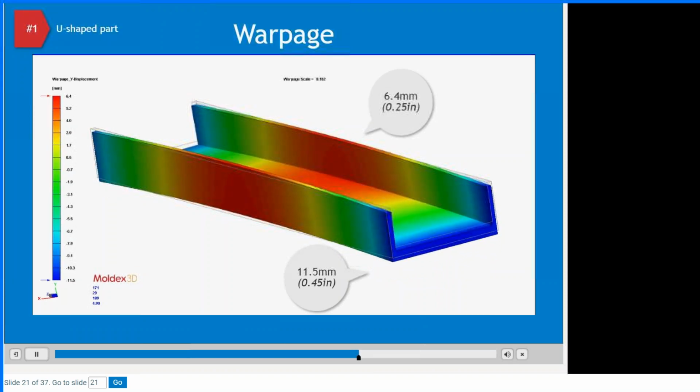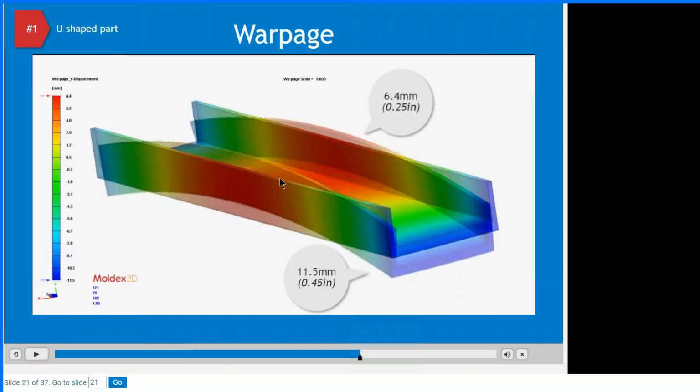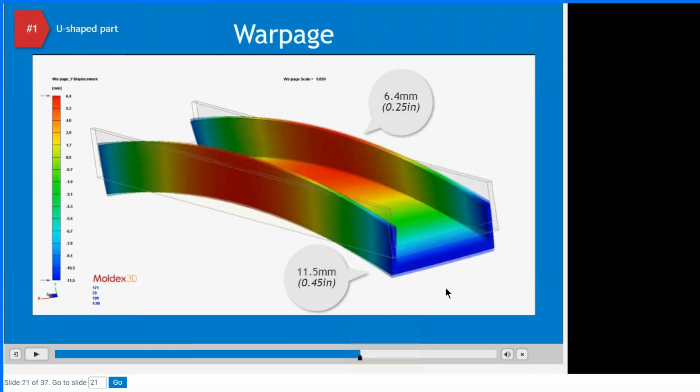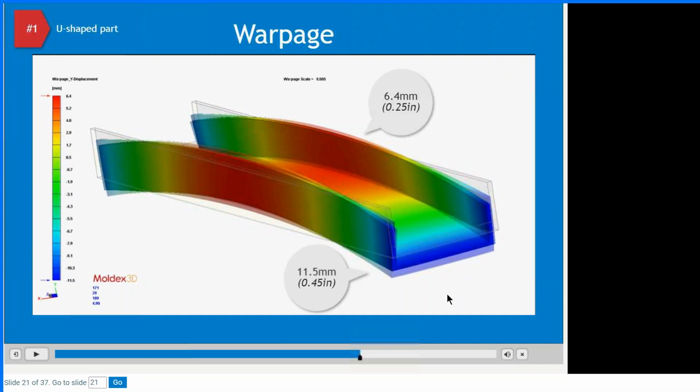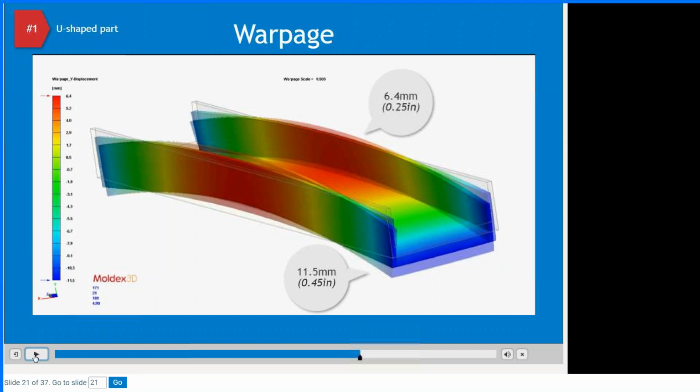Let's look at how to reduce this warpage behavior by redesigning the part. Yeah, I mean, this is really significant warpage. But again, we use this as an example to really show, oh my God, this is not what we should be designing. Just a simple example showing significant warpage bending of a part.